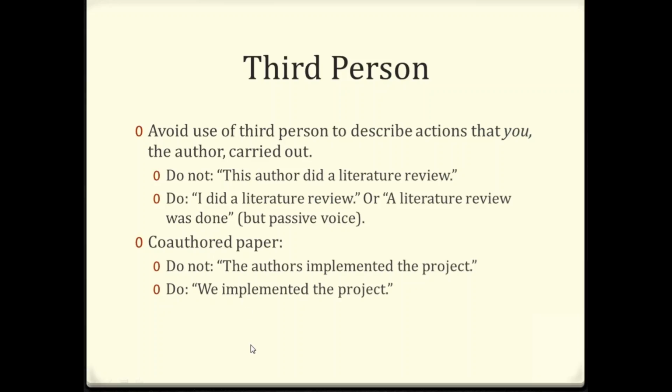Now, if you're writing a paper with someone else, it's sort of the same thing. The authors implemented the project. If you're talking about you and your co-authors, you just want to say we implemented the project. Or you can go the passive voice route and say the project was implemented by us. I don't know how you get away without using a pronoun there.